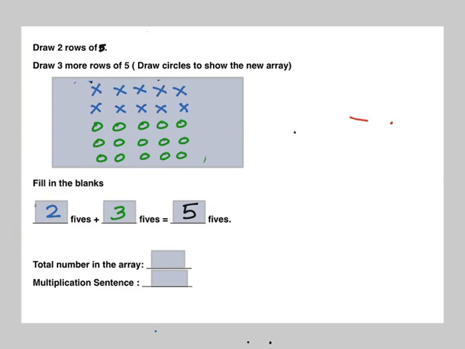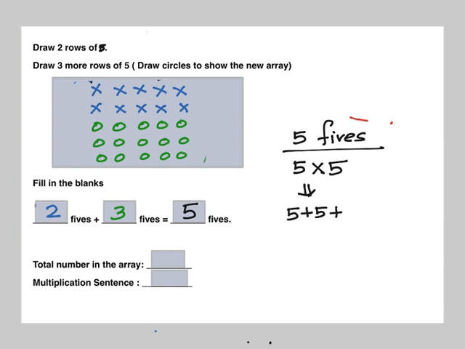How can we write 5 5s? 5 5s can be written as 5 times 5. So 5 times 5 means 5 plus 5 plus 5 plus 5 plus 5. 5 plus 5 makes 10, 10 plus 5 makes 15, 15 plus 5 makes 20, and 20 plus 5 makes 25.